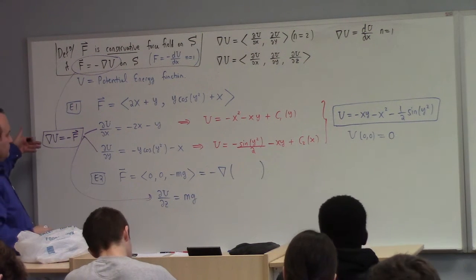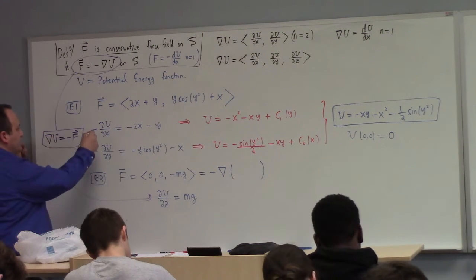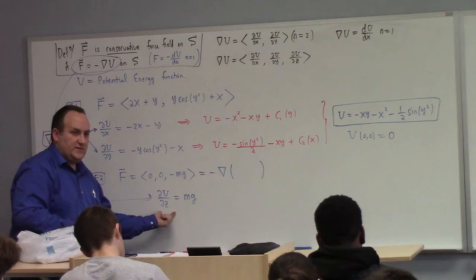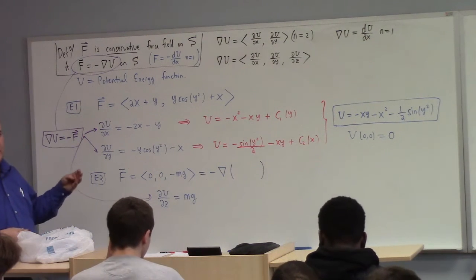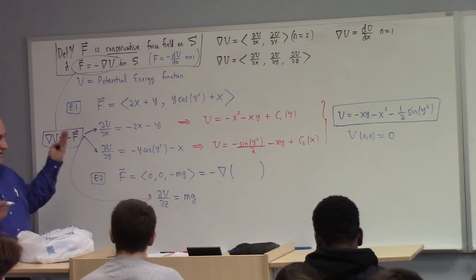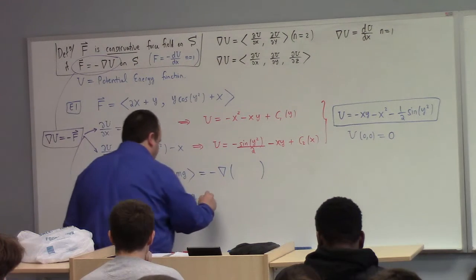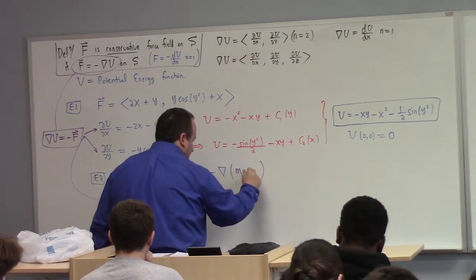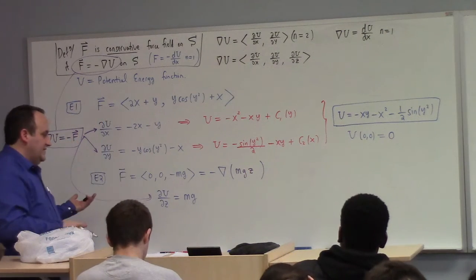So minus the force gives me a minus mg for uz. And how about the x, and y? There's no x and y dependence. So this suggests to me I can just put mgz here. mgz will work.